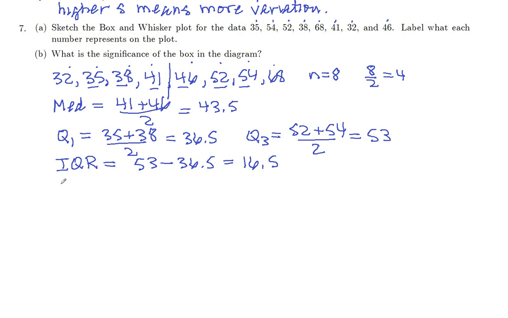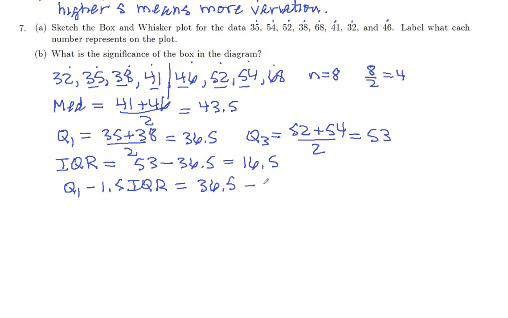Now we want to figure the lower fence and the upper fence. So the lower cutoff and the upper cutoff for outliers. So for the lower cutoff, you want to do Q1, the first quartile, and subtract 1.5 times that IQR. So for us, our Q1 is 36.5.